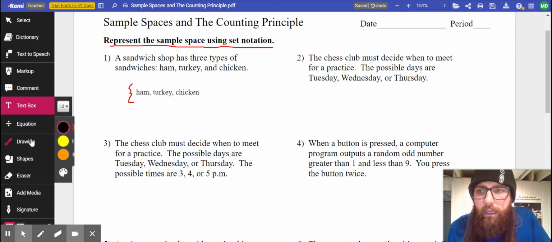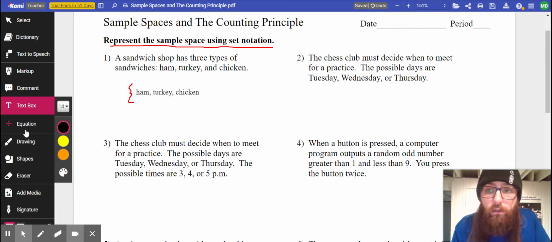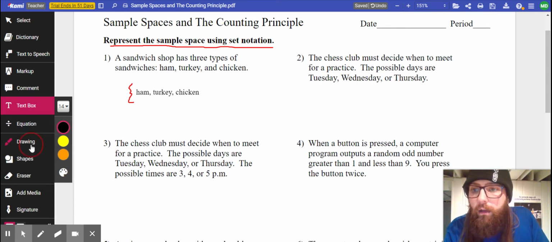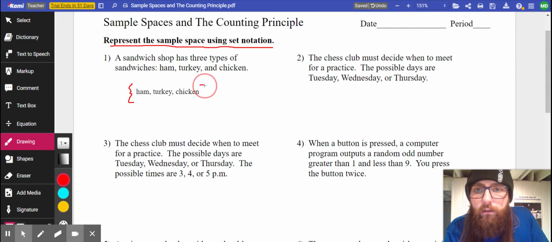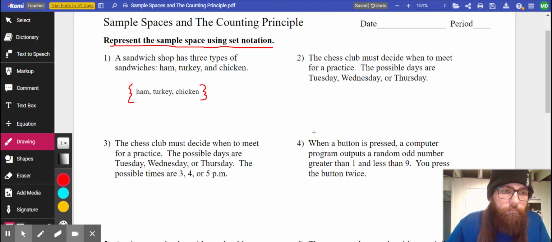And then to indicate that that is a closed set, we close the brackets just like that. And so this is a sample space in set notation that represents all the possible outcomes.